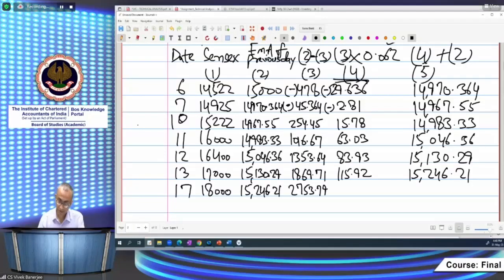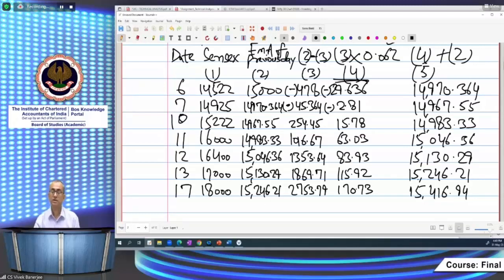Multiplied by exponent 0.062 is coming to 170.73. And this figure again added to previous EMA, that is 15,246.21. So it is coming to 15,416.94.